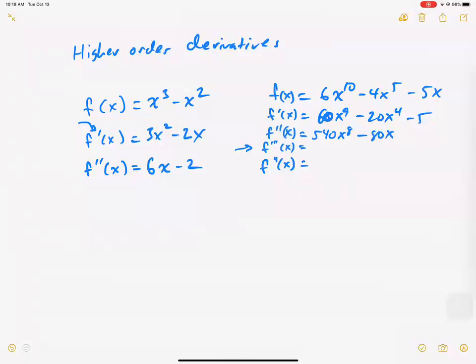Now, I don't know what 540 times 8 is, 4320x to the 7 minus 80. Was that right? Yes. Cool. And then the last part, we have to do one more derivative.